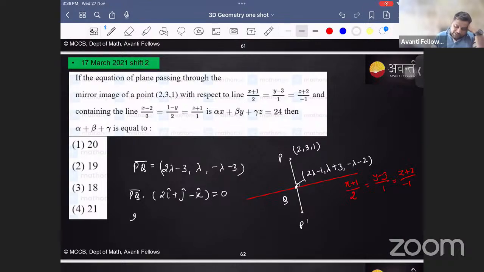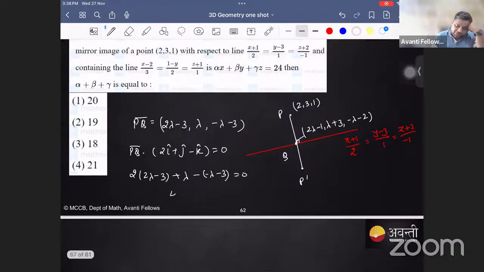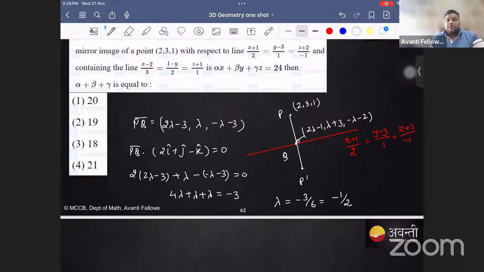So that means twice of 2 lambda minus 3 plus lambda minus of minus lambda minus 3 is going to be 0. So it is 4 lambda plus lambda plus lambda is going to be minus 6 plus 3, which is minus 3. So lambda became minus 3 by 6, that is minus 1 upon 2. Got it?